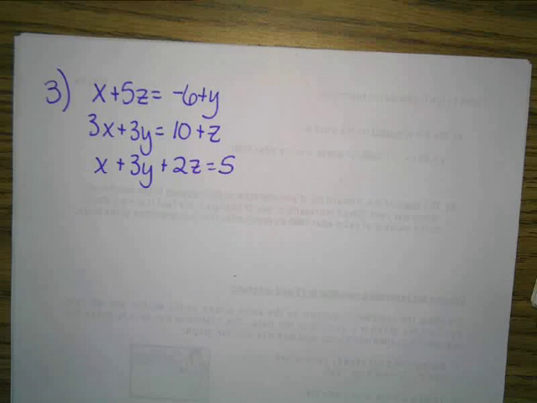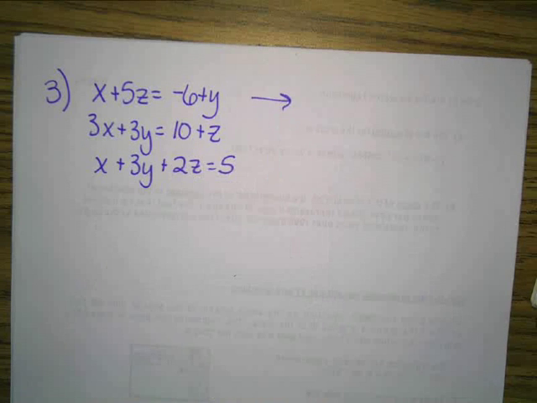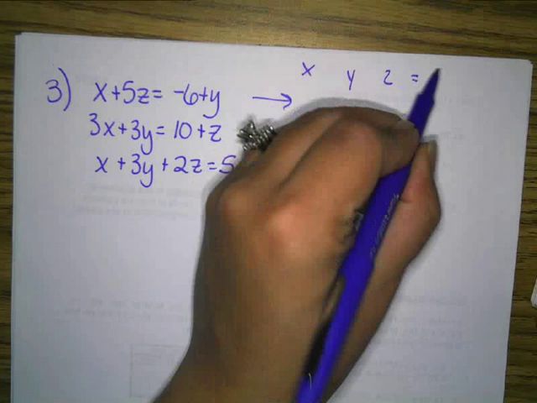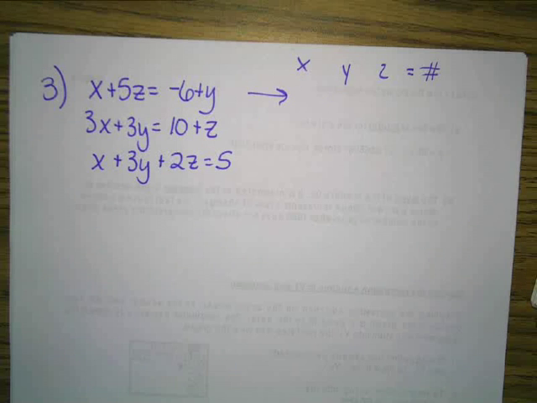Now the first thing you'll see is we've got stuff happening on both sides of the equal sign. We do need to take care of that. So what I'm going to do is rewrite each equation in the order x, y, z equals a number. So we have an x, a y, a z, and equals a number. That's what these have to look like in order for us to set this up.